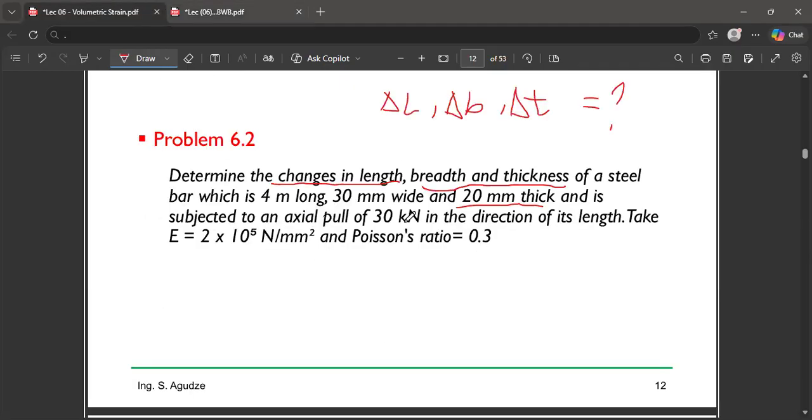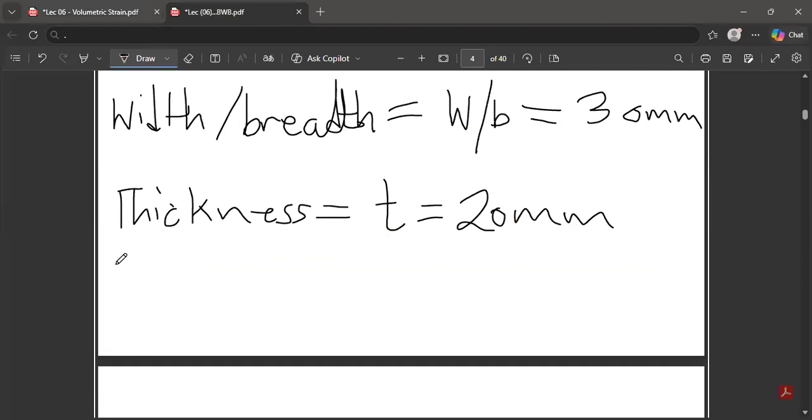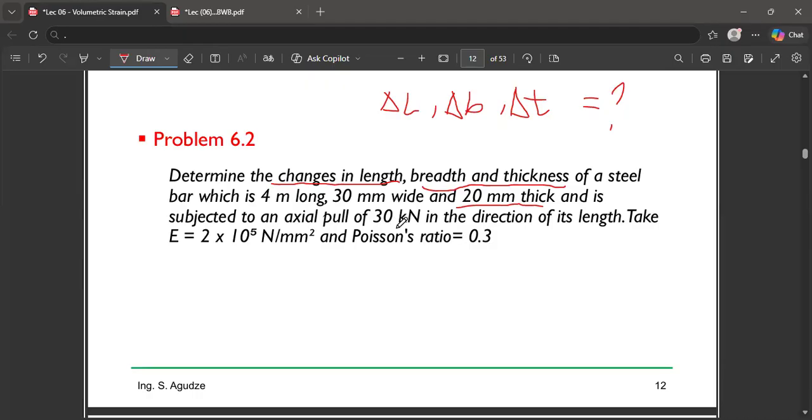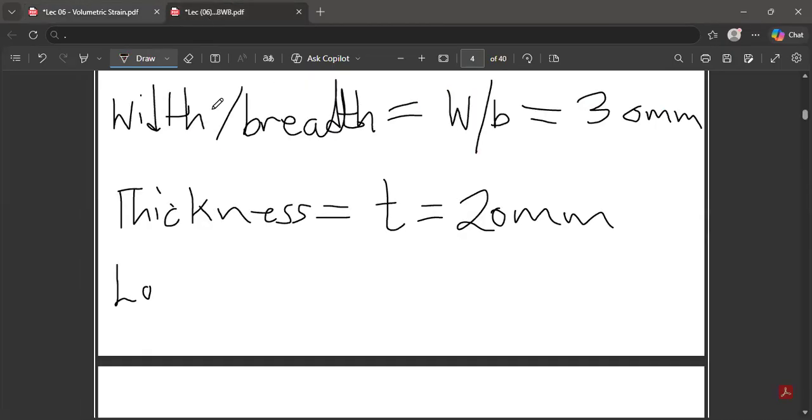And it is subjected to an axial pull of 30 kilonewton in the direction of the length. So, load. This time it is a pull, you see. So the pull is the same as the load. Let me write axial pull.